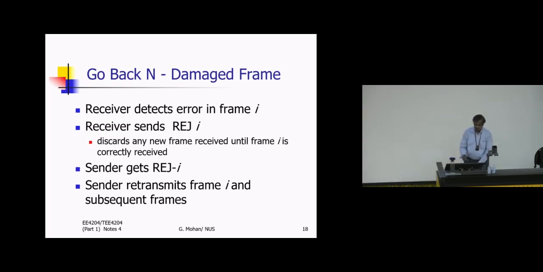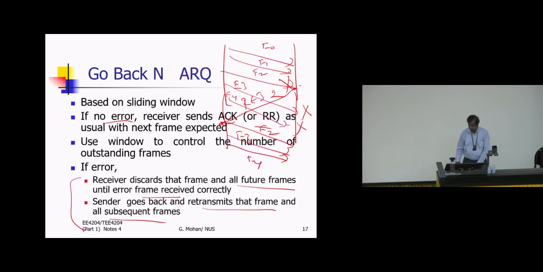Let's say receiver detects error in frame number I. Let's say I equal to 2. That means receiver sends reject 2. It sends reject I. And it discards any new frame received until frame I is correctly received. That's what we have seen.